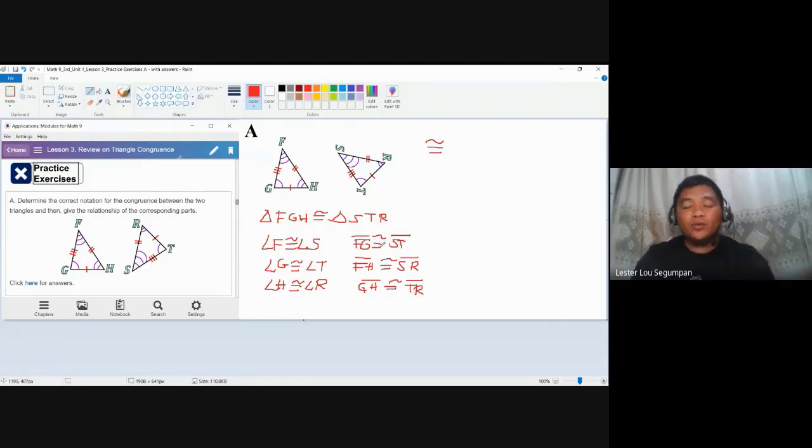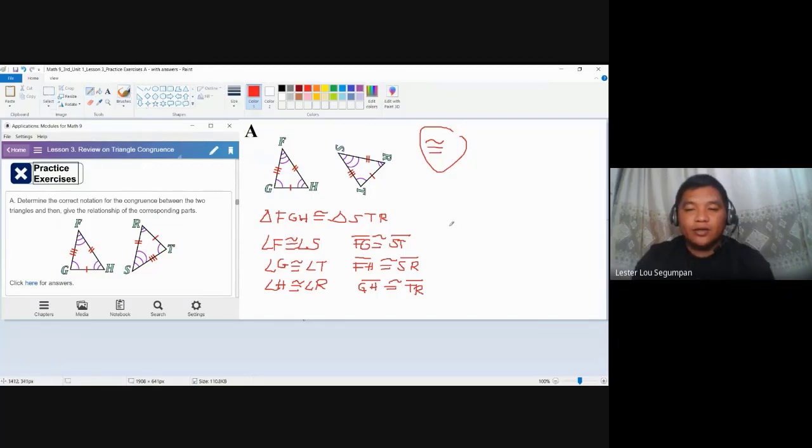We all know that congruence means same measurement, but we cannot say angle F is equal to angle S. Because if we talk about parts, we always use congruence. For equality, we will use measurement.